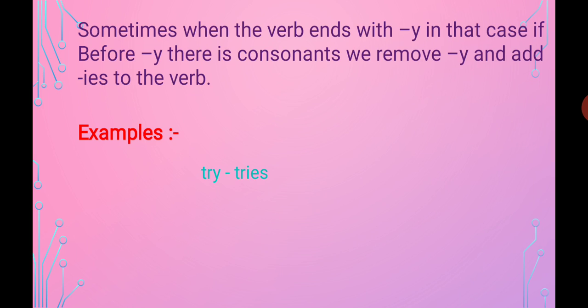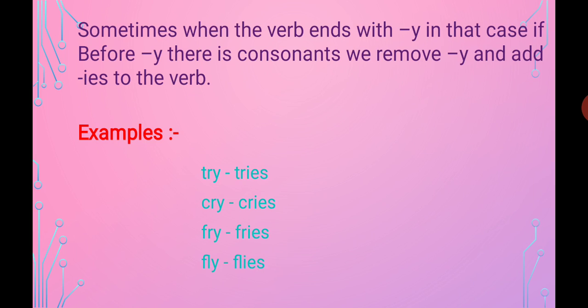So try becomes tries. Then cry. Same as try, we remove y and add ies to cr. So it will be cries. Then fry. Same, we remove y and add ies. So fries.